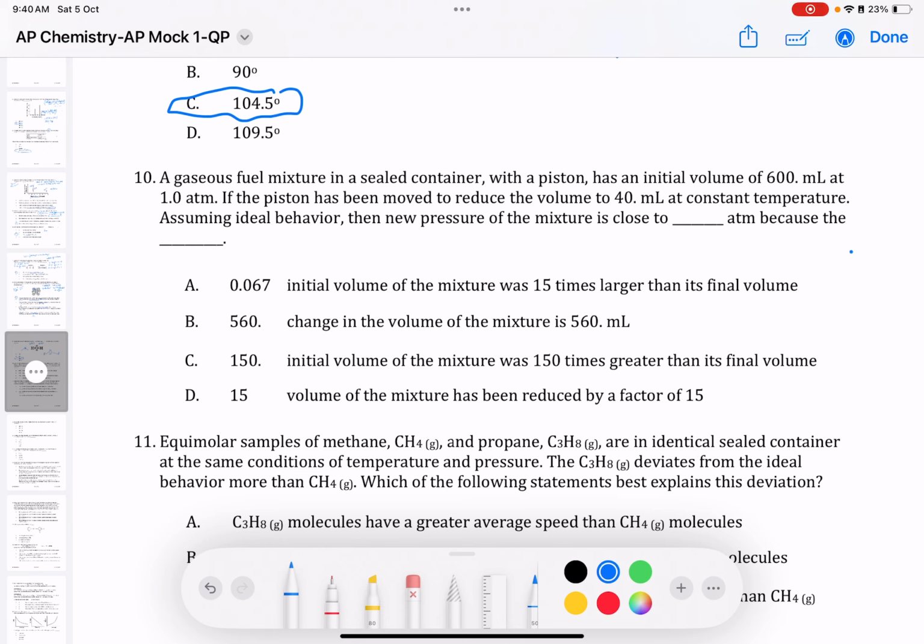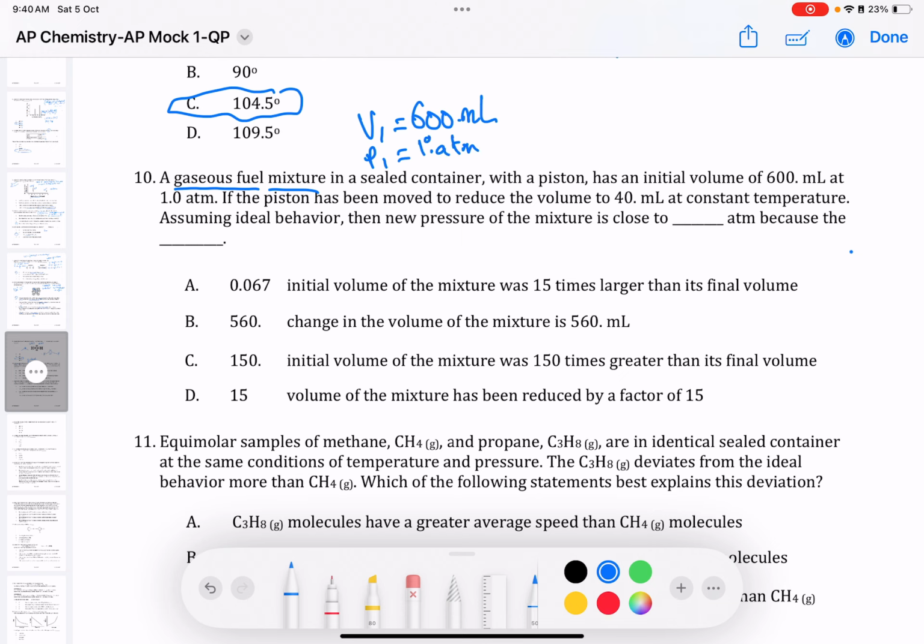A gaseous fuel mixture is in a sealed container with a piston. Okay, we're talking about a gas mixture. We have it in a sealed container with an initial volume of 600 milliliters at a pressure of 1 atmosphere.